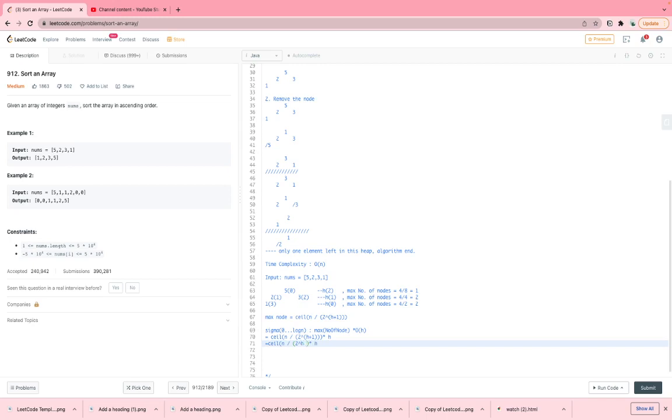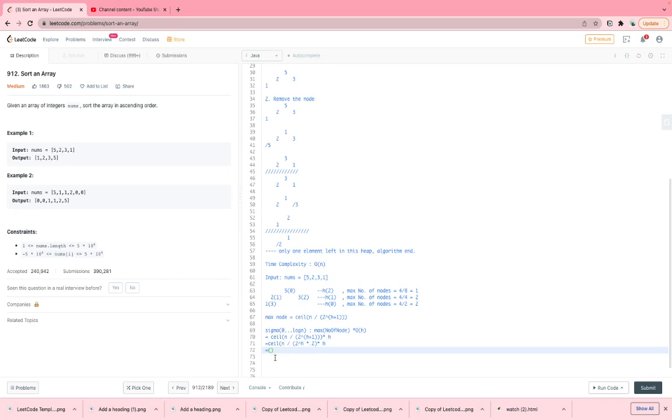h times 2. Okay, and this one is a constant. This one also a constant, and then we are trying to round it something like this. So it's going to be like this one is n, right? This one is 2, right?